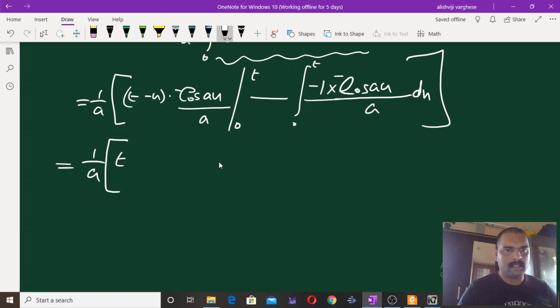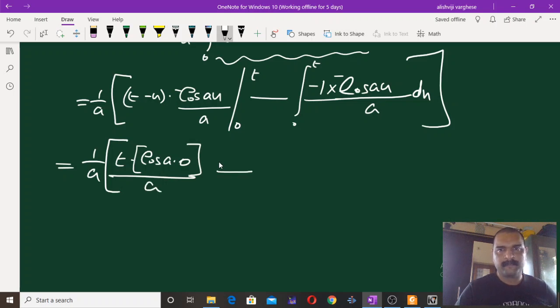(t minus 0) into the upper limit minus the lower limit, so minus of minus is plus, and cos a into 0 divided by a, minus, here this minus and minus get cancelled, and what remains is the integral of cos au, that is sine au divided by a. There is already an a, so it is a square, in between 0 and t.